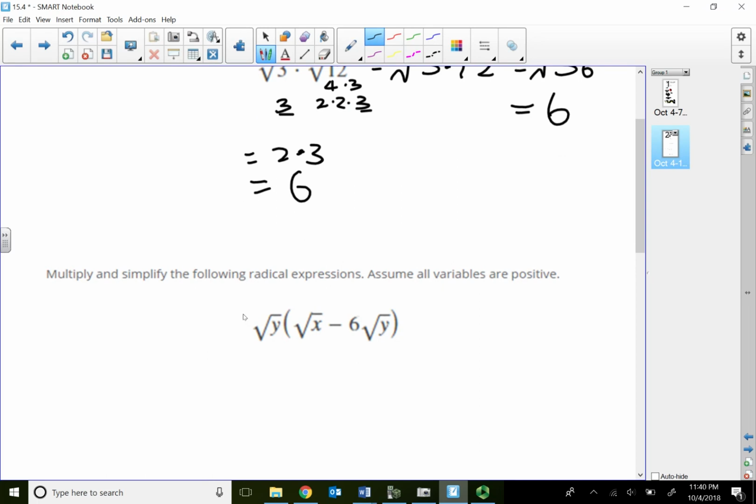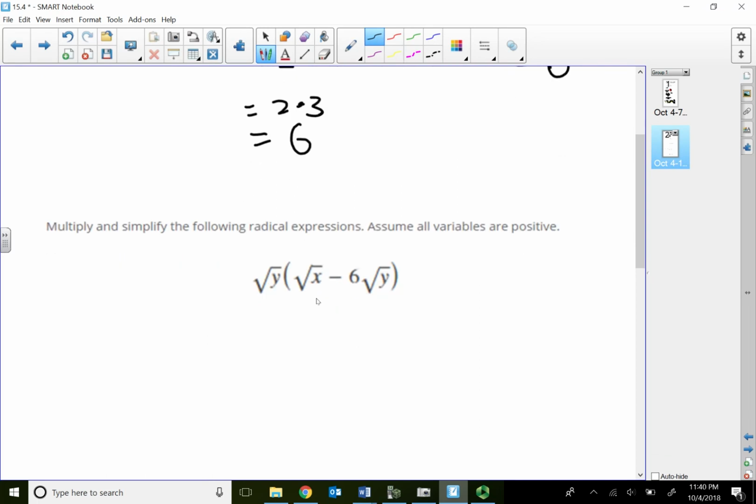Now a problem like this will simply be a distribution. When I'm looking at this problem, I know the square root of y has to multiply. When we multiply, we can simply multiply what's on the inside. I don't need to break anything down initially, because nothing can come out anyway. So the square root of y times the square root of x is the square root of xy.